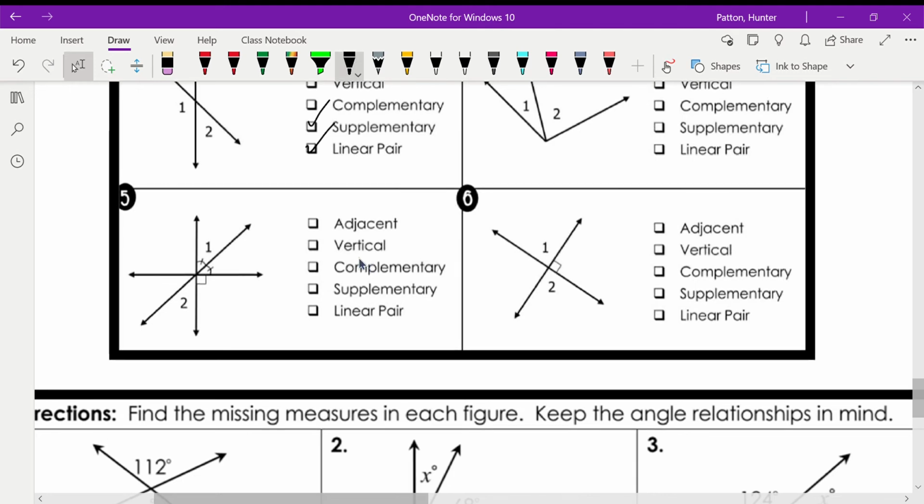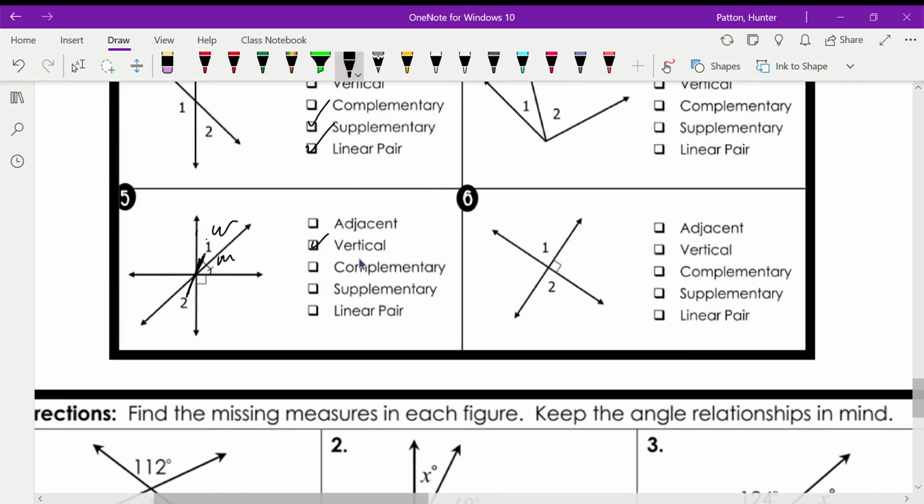Okay, these two, angle 1 and 2, first I can tell that they're vertical angles. So I know that these two angles right here are congruent, right? And they also are complementary together because this is a right angle, since this is a right and this is a straight line. Now, since these two add up to 180 and they're the same measure, and since these two are the same measure, these two add up to 90, excuse me.